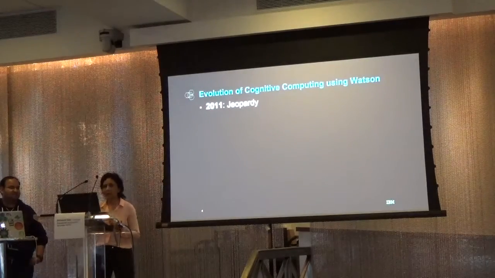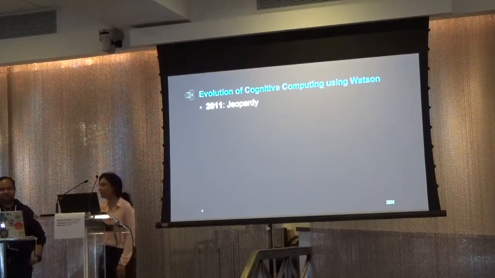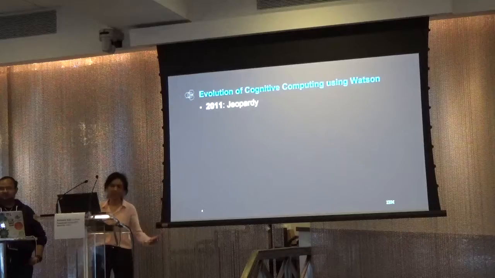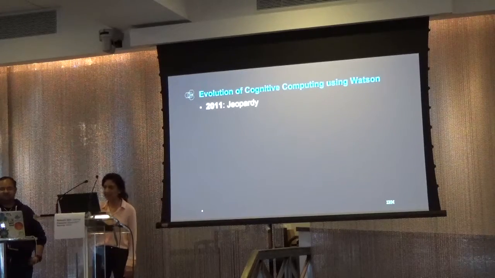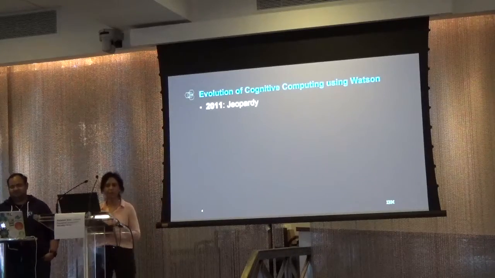So let's see, how did we come along on this path? Many of you may have heard in 2011 of the Jeopardy game that Watson had against two other contestants, and it had at its back end lots of computing power.